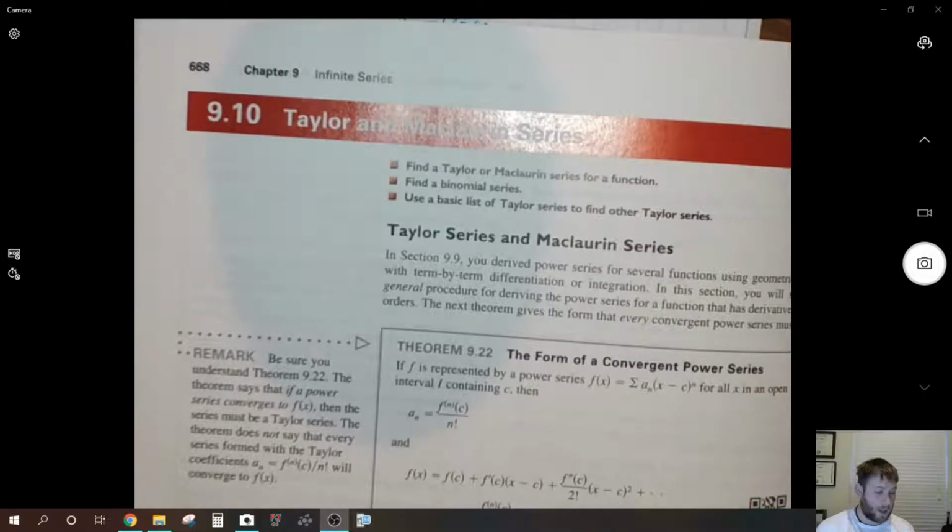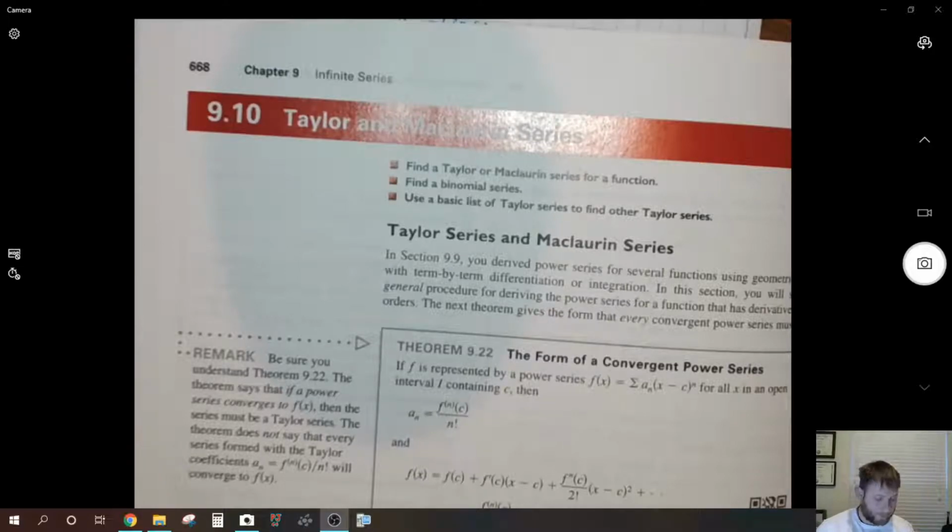So today I'm going to go over Taylor and Maclaurin series. Now, what's unique about the Taylor and Maclaurin series is that if they're in the proper form, they're always going to converge for all values of x within reason.